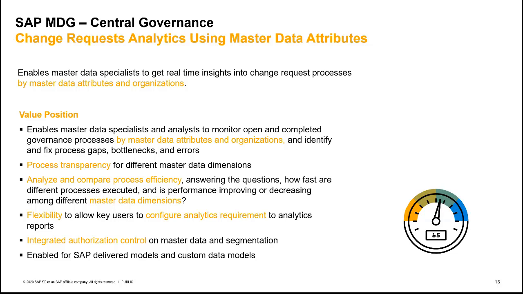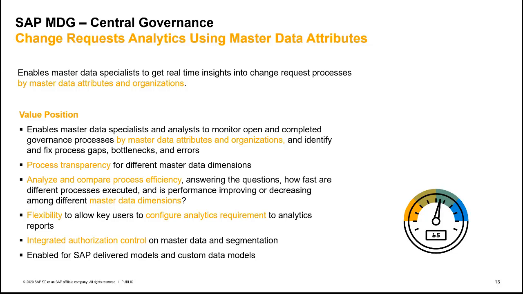In this enablement, you can analyze all change requests, open or completed, filtered down by the attribute, and compare the processes. Answering, for example, how fast is my change request for my frozen goods, and how fast is my change request for the vegetable product, and so on. If it's a food company, you can really deeply analyze the efficiency of the process at the data level.